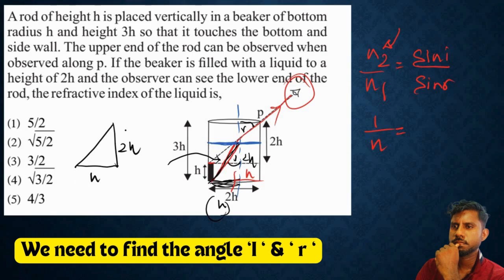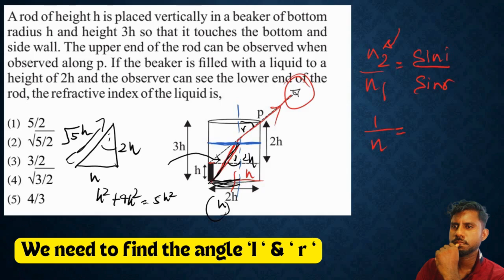Let's apply Pythagoras theorem. h squared plus 2h squared, it's 4h squared, so we are getting 5h squared, so root 5 h. You should have the ability to do this kind of calculations. So sin I equals h over root 5 h.